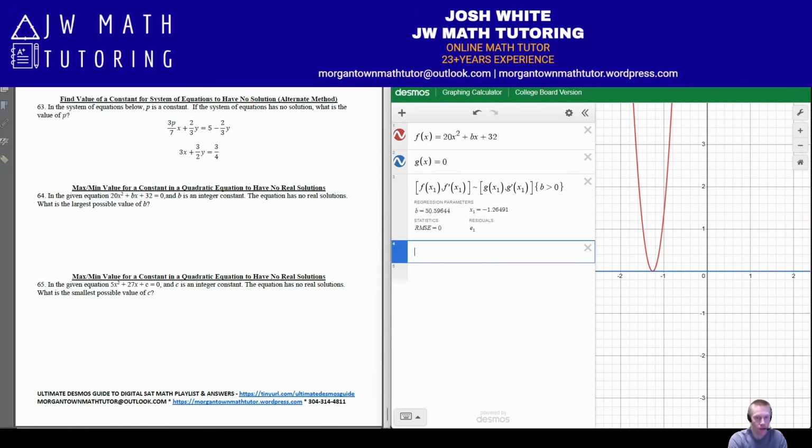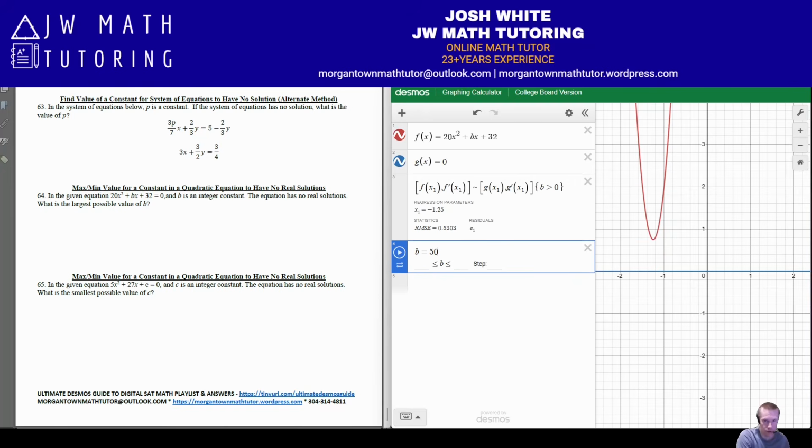So the largest possible value for b is 50.596444. Okay, but that's not an integer. So the real largest possible value is going to be 50. And the reason you can confirm that it's 50 is because once I step down from 50.59644 to 50, notice it jumps up and there are no real solutions.